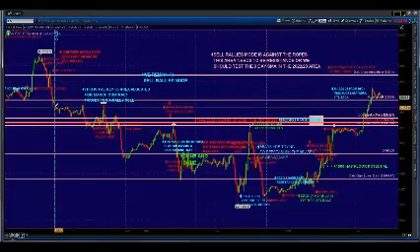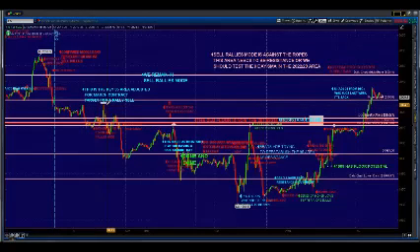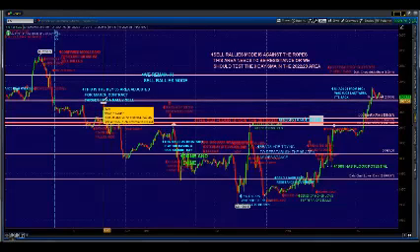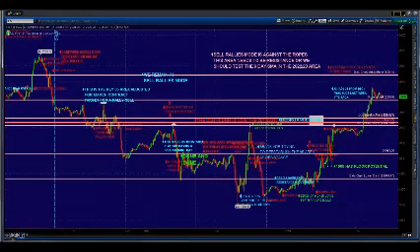It gapped down from that area last week, and it could never get it back. The Bears defended it back on Friday, and we never came back. It's hopped back over it now, and it's trying to go support.